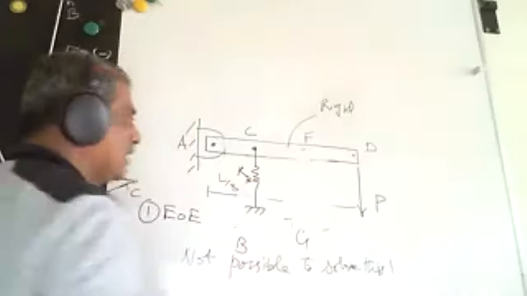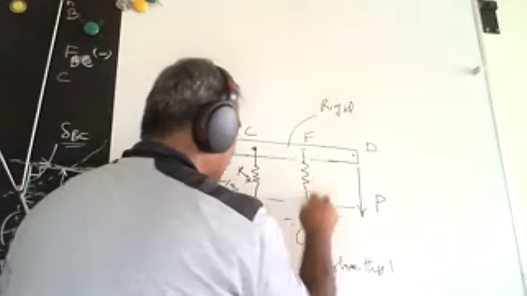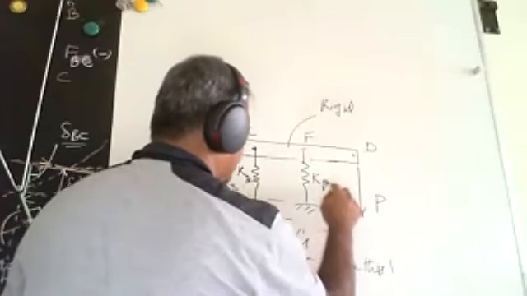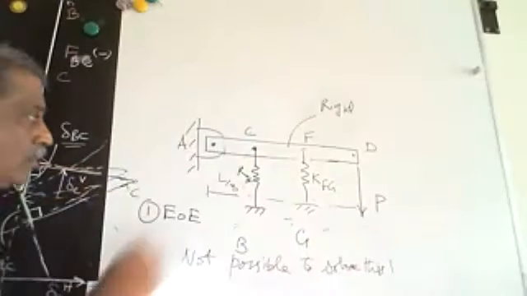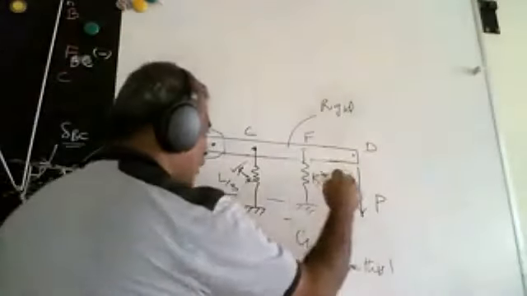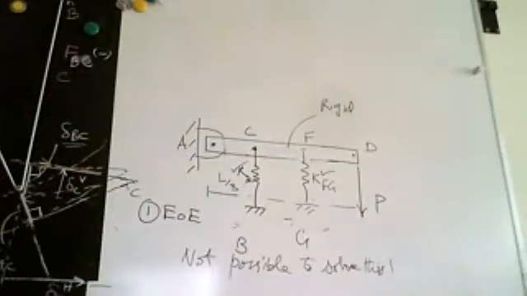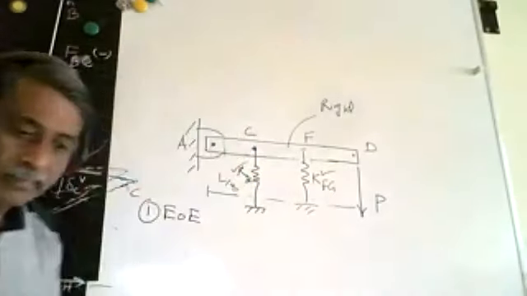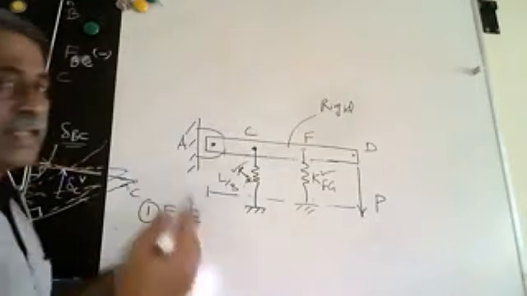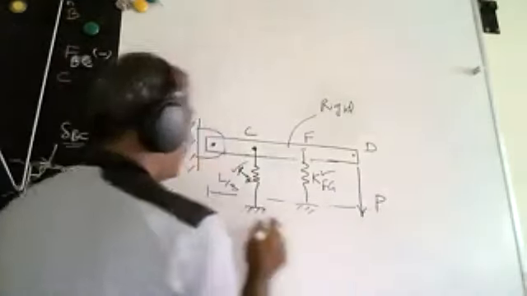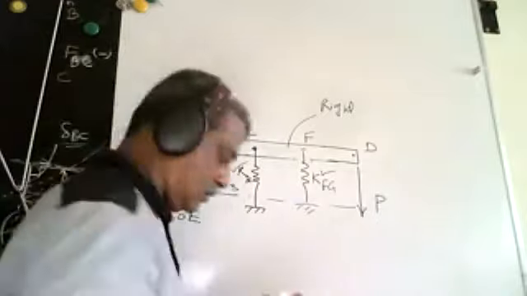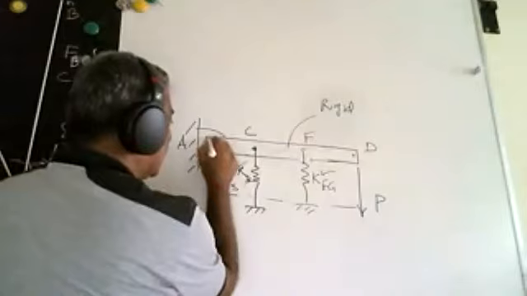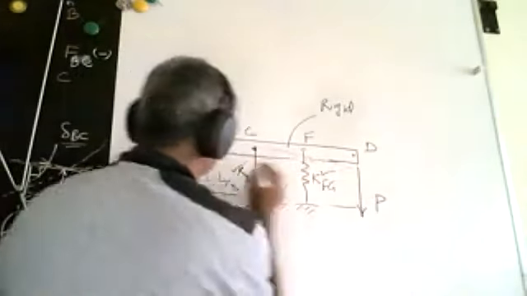Now, I can do the same thing over here. And this is KFG, right? Now, I know KBC, I know KFG, right? So now what I can do is simple. Let us assume that due to this load, it has now tilted by an extent.